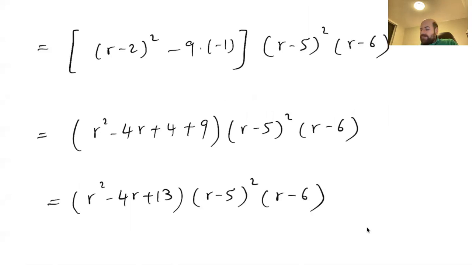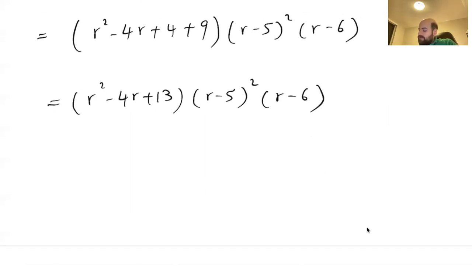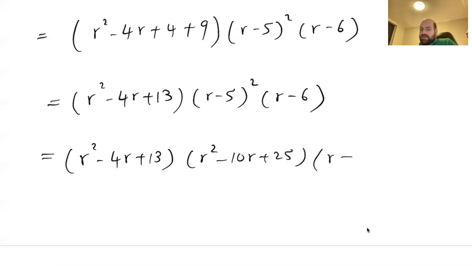And if we expand this further, we'll get r squared minus 4r plus 13 times r squared minus 10r plus 25 times r minus 6.